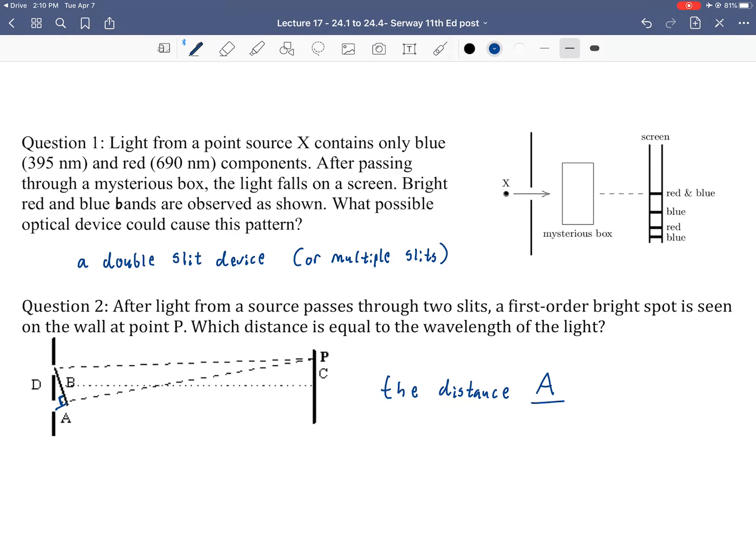Why is it A? Well, because we know that the path length difference is equal to d sine theta equals m lambda, okay? The path length difference is the distance A. But that's equal to m lambda. How can we be sure that m lambda is lambda?